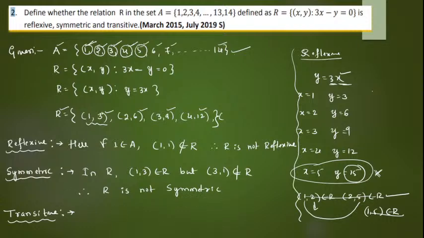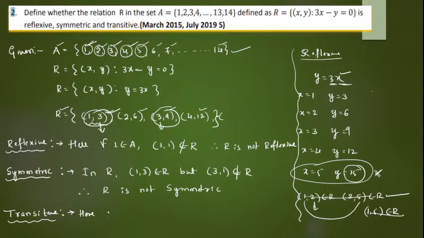Now you look at 1 comma 3 belongs to R, and starting with this 3 one more order pair is there, 3 comma 9, right?